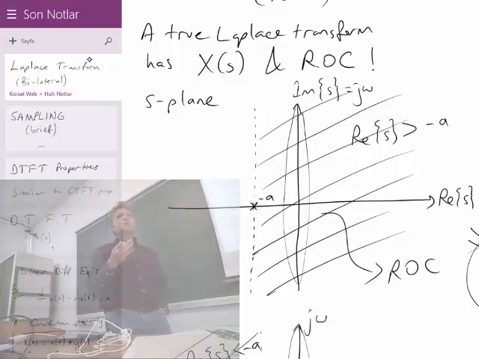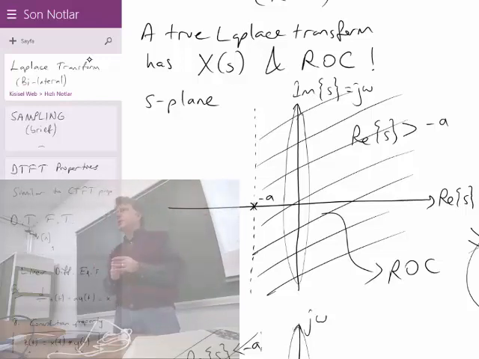For certain purposes, we want this j omega axis to be included inside the region of convergence, because it indicates that when sigma is equal to 0, which means the Fourier transform, remember s is equal to sigma plus j omega, s becomes j omega, and the Laplace transform becomes the Fourier transform.